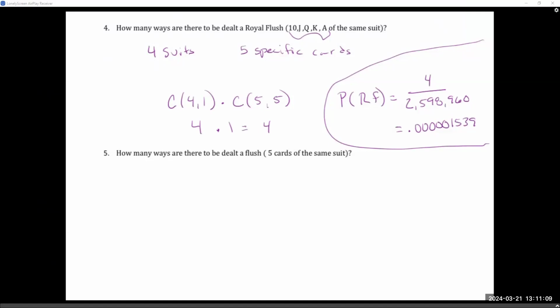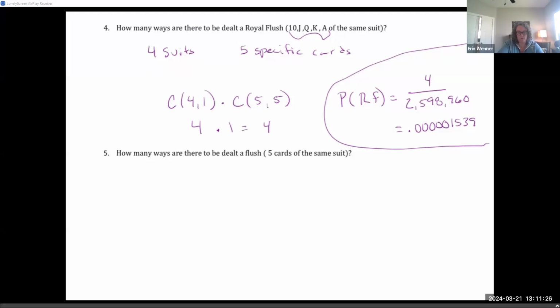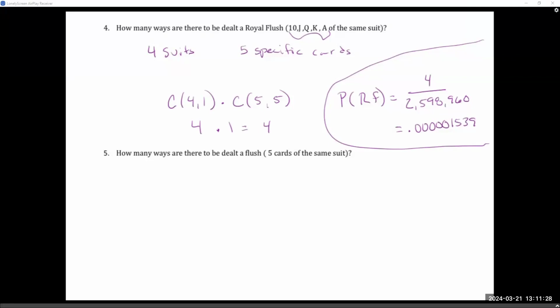Can you say that again? So thinking about the calculations I did in number 4, is there anything from that I would use in my attempt to solve number 5? Maybe the 4 and 1. Okay. Yeah, 4 and 1 has to do with choosing the suit, right?